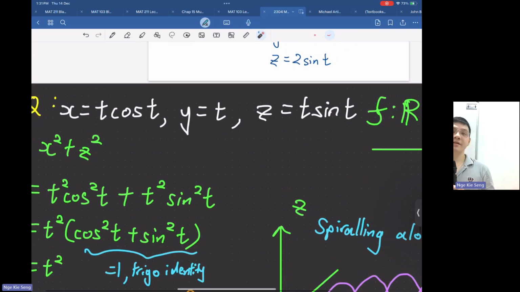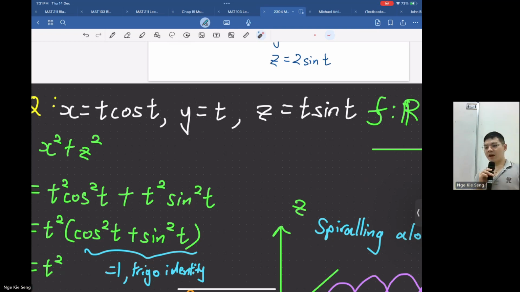So what's this shape here? x and z, if you square them, they satisfy a circle equation. But when t increases, the circle increases in radius.